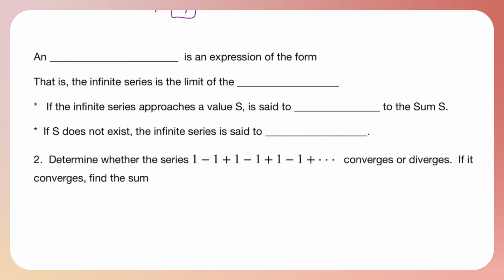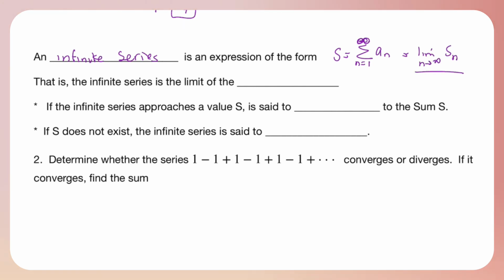Now, an infinite series is an expression of the form s is equal to the summation as n equals 1 to infinity of a sub n. How we find this is we're going to take the limit as n goes to infinity of our s of n, our partial sums.